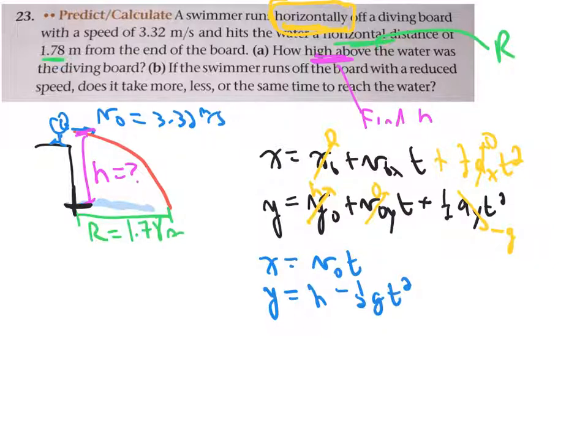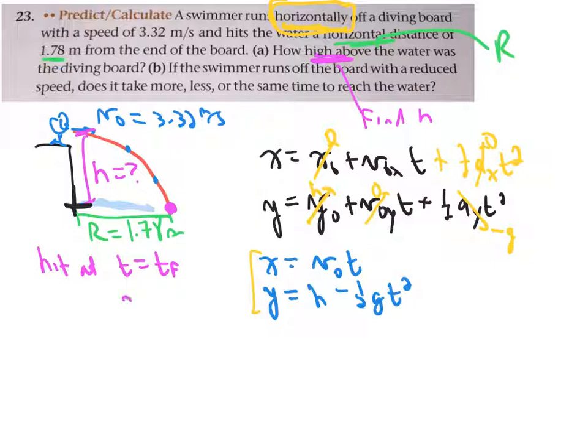This is at any time, so if I pick over here, or I pick over here, no matter where I am, if I'm on that parabola, then these two equations are holding. What we really want to say, though, is that when we hit the water, at t equals, say, the time of flight, we know something more.